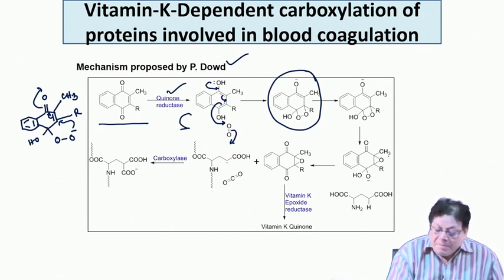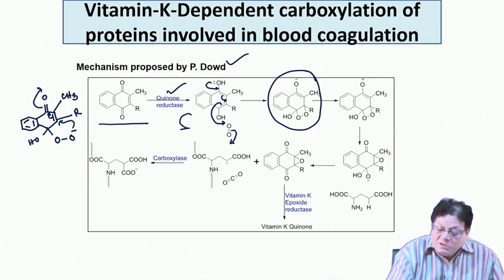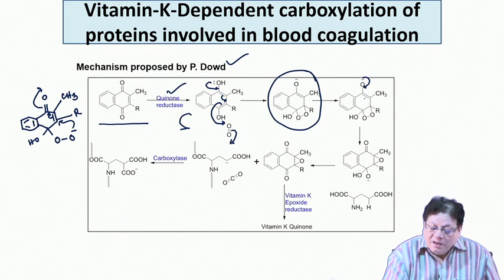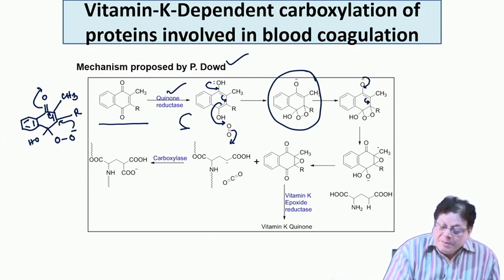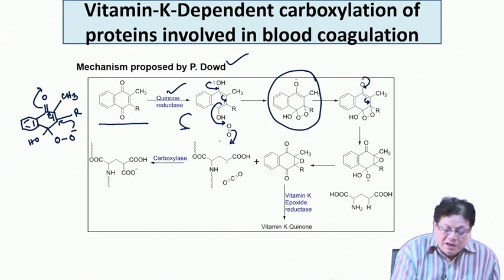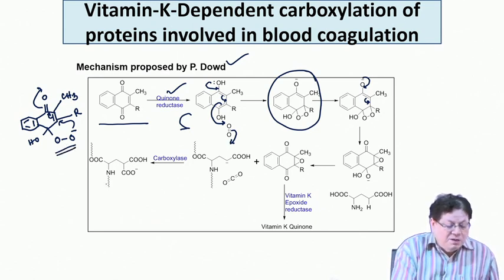And then after this, what happens is that this comes back again, this goes here, though the mechanism is not shown in this case. If this comes here, you get the original state that I showed you.